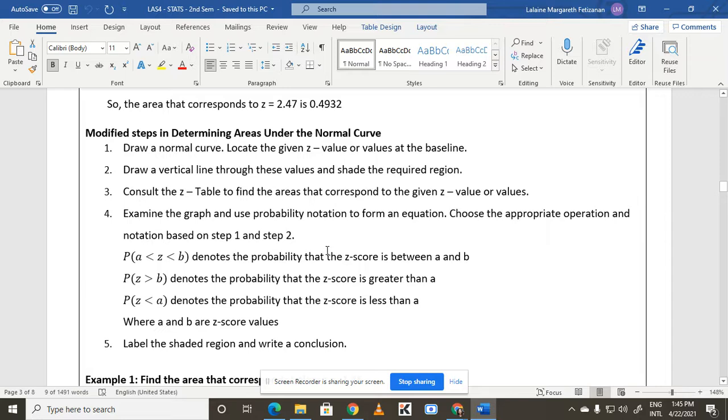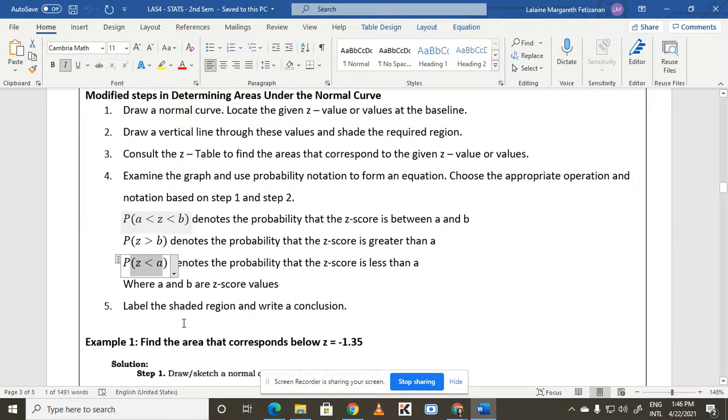But if we are talking about finding the area above or to the right, we're going to use the greater than symbol. So that's the probability of z is greater than b. And then for the less than symbol, we're going to use the probability of z is less than a if it is to the left or below. Take note, those a and b here refers to the z values. And then, don't forget to label the shaded region and write a conclusion.